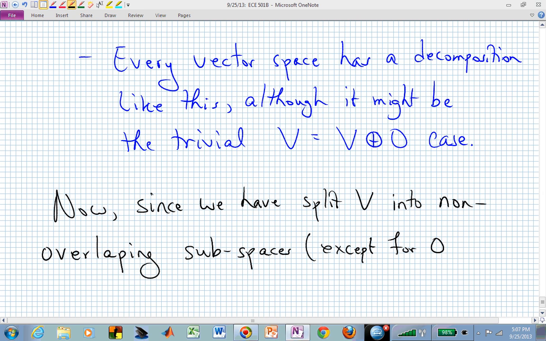All subspaces have to contain this zero element, since all these subspaces contain 0.